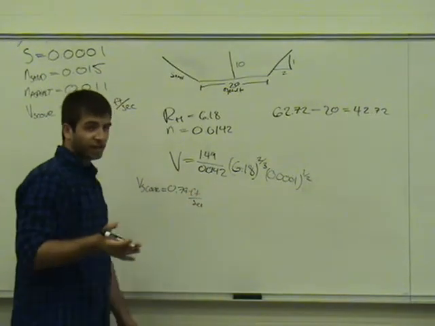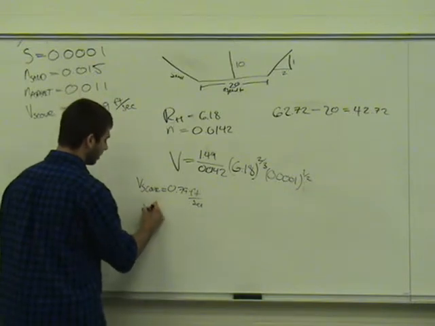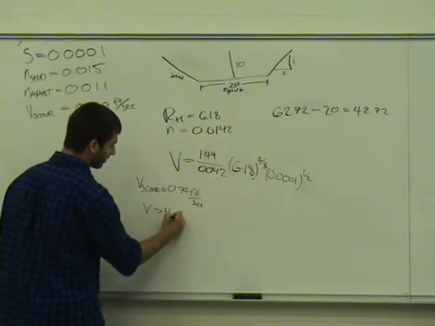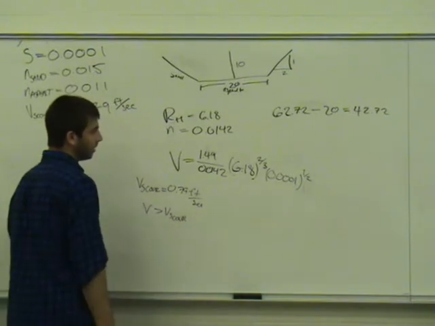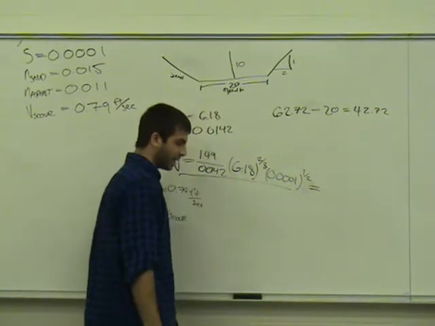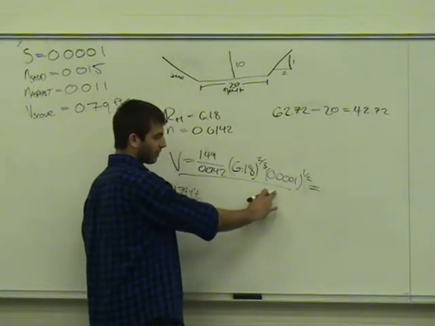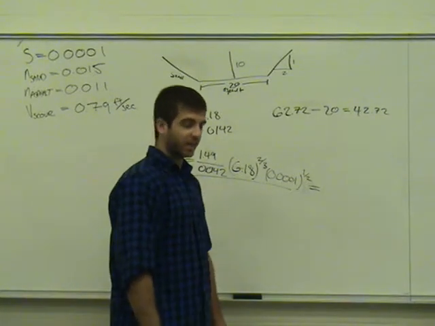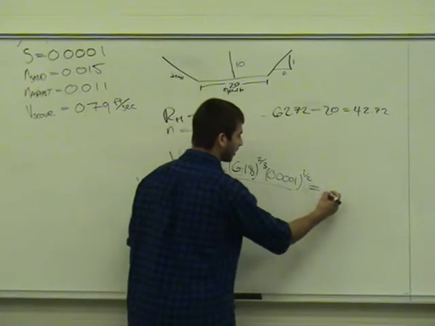So the channel is going to scour when the velocity is greater than v scour. So we're going to calculate this out to find our actual channel velocity right now. And if you run all these numbers through, you're going to get a velocity of 3.53 feet per second.